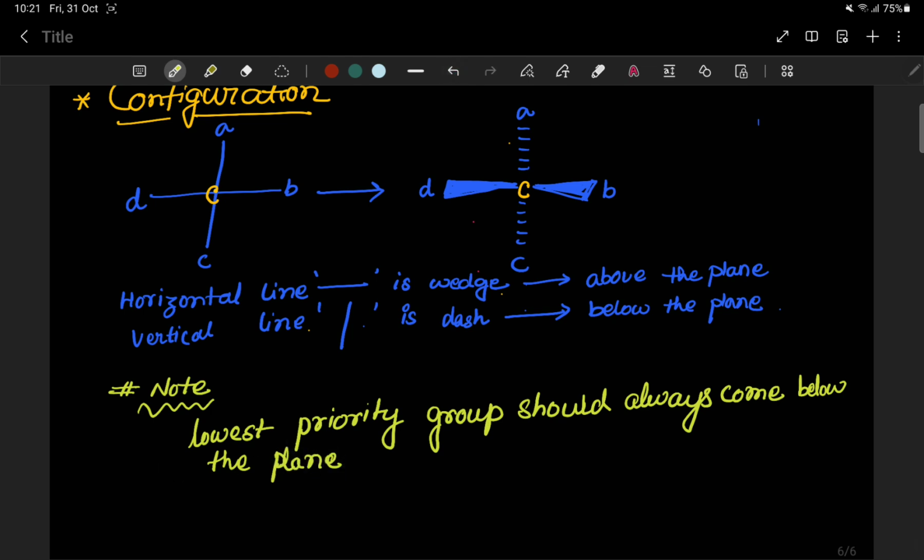Sometimes we have to draw projections, sometimes we will be given the projections. When you draw it this way, the lowest priority group goes below the plane.